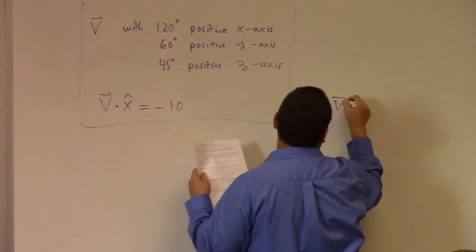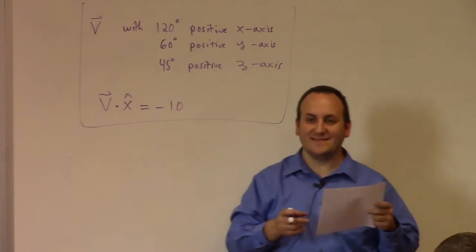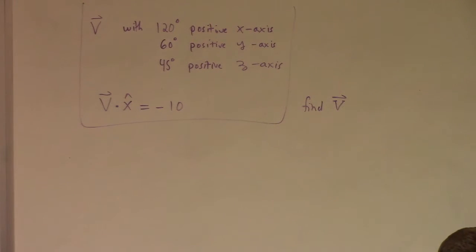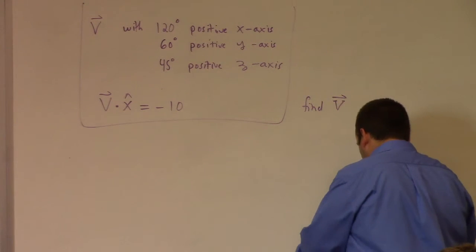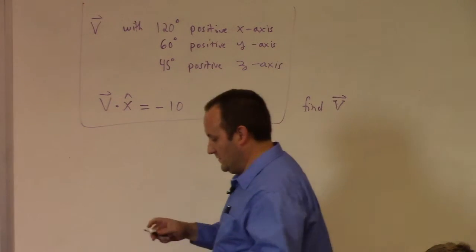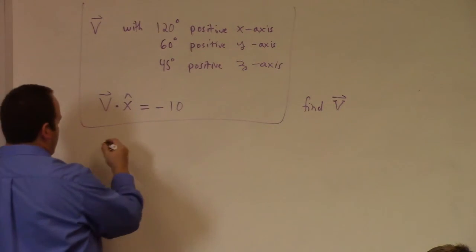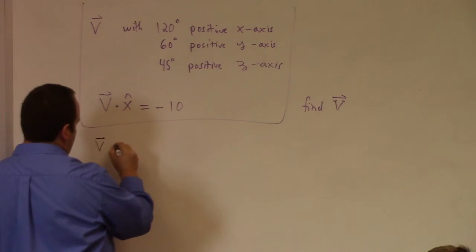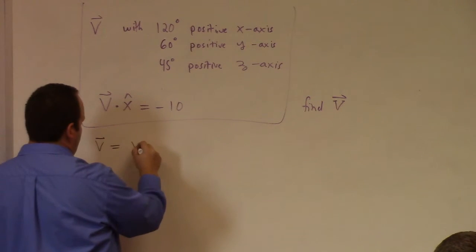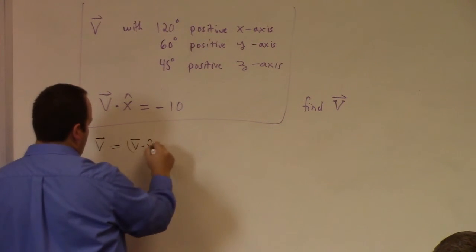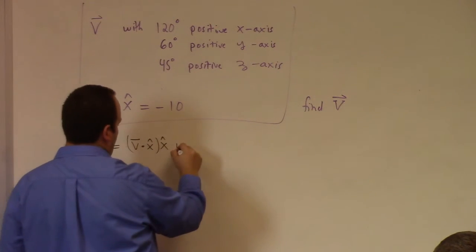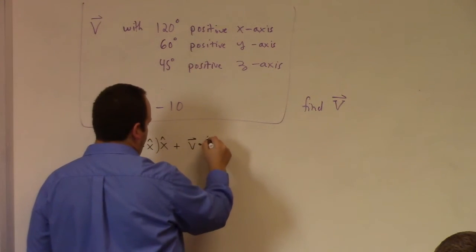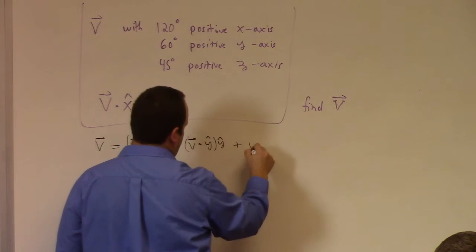So what's your question about the question? I don't know where to start. Well, I would think the direction cosines I just talked about would be helpful, right? Because we just went over that we can write v as equal to v dot x hat plus v dot y hat plus v dot z hat.